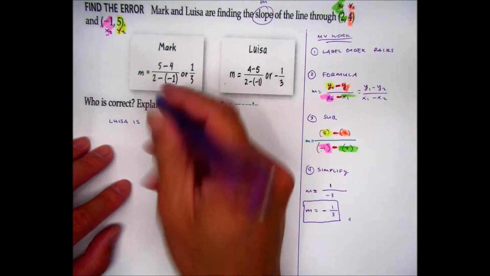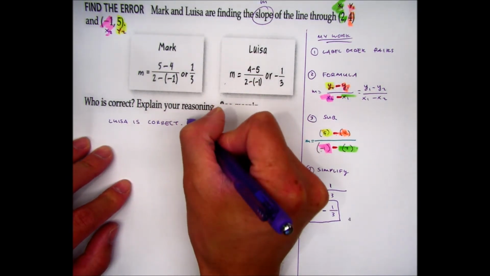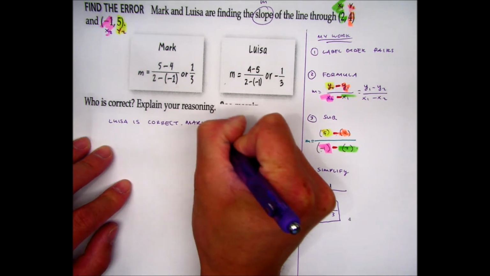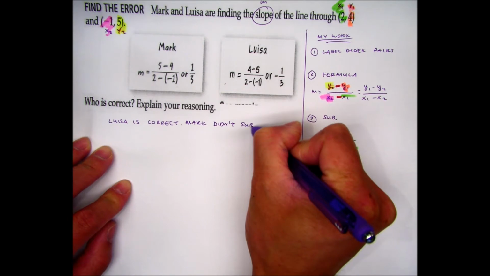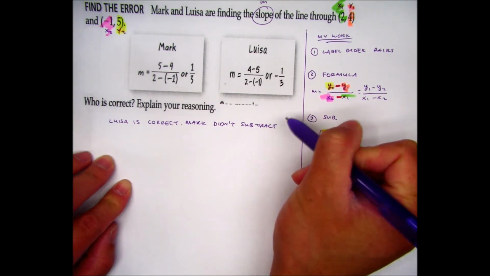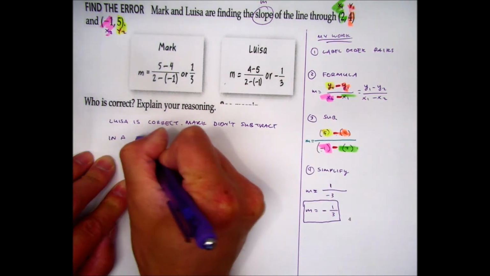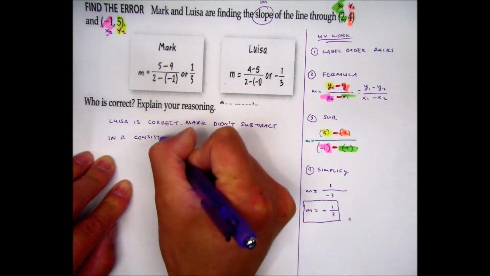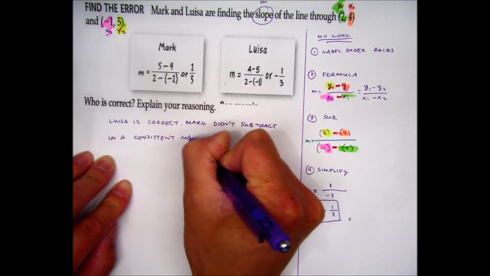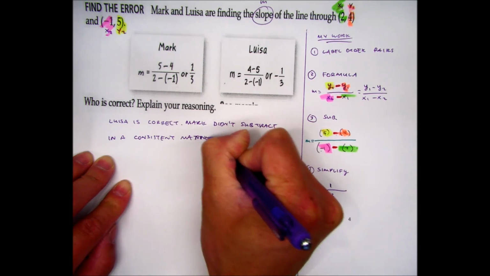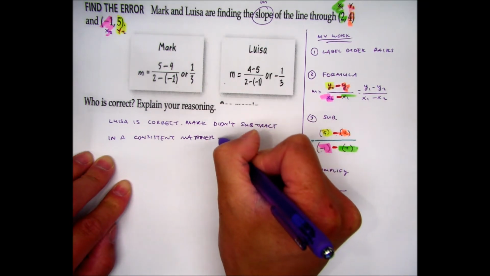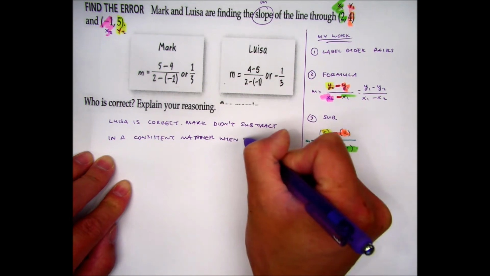So I wrote Mark did not subtract in a consistent manner when using the slope formula.